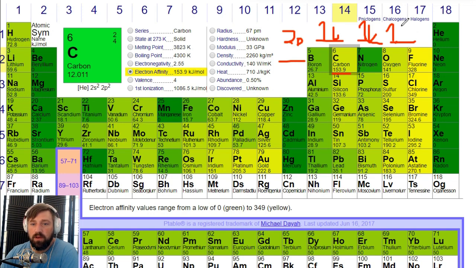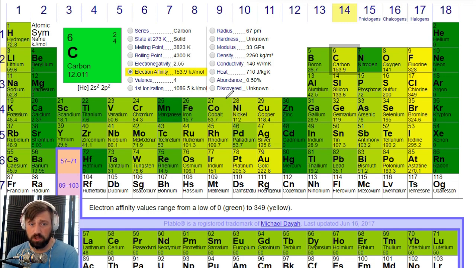And then if we add another electron, we're going to drop to a very stable energy level, which means we're going to be releasing lots of energy. So that is electron affinity. Think about, if I added one more electron, how much more stable would it be? And in terms of stability, think half full or completely full shells.